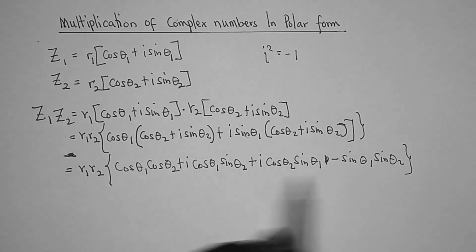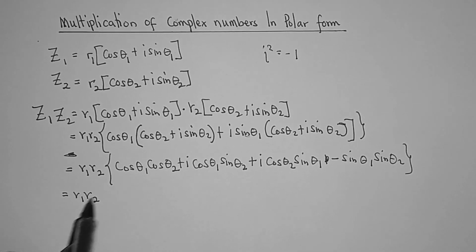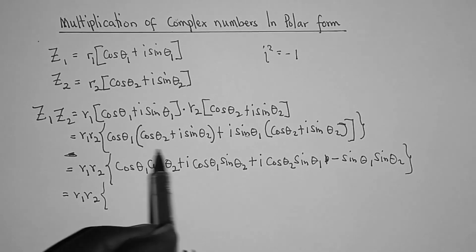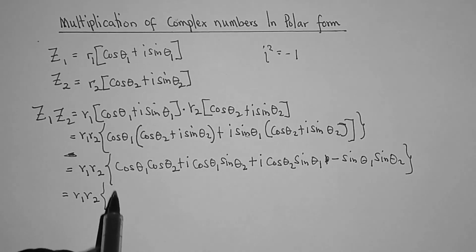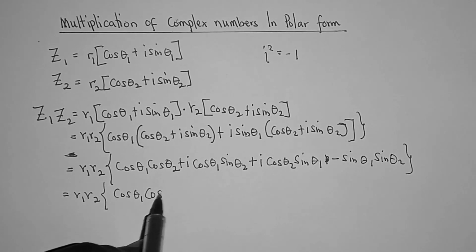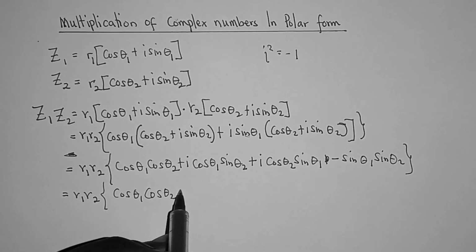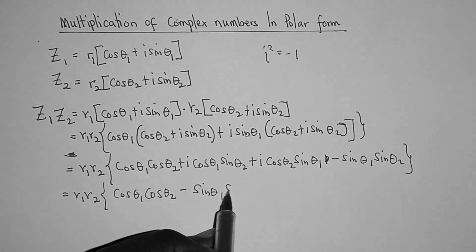So let's group like terms. So this is equal to R1 R2 into bracket. So you see that this one and this has not got any i. So it's going to be cos theta 1 cos theta 2, then minus sine theta 1 sine theta 2.